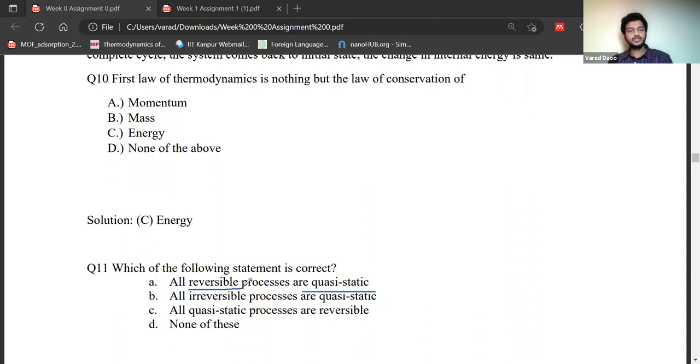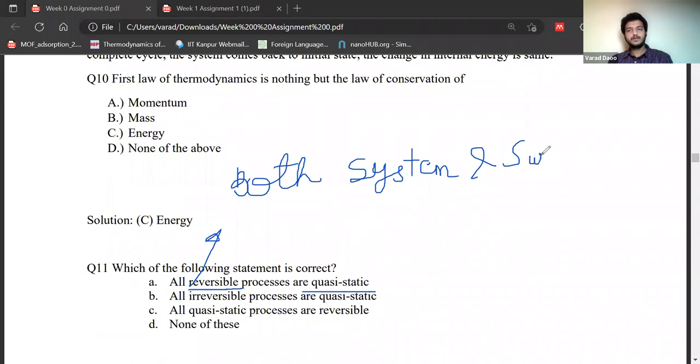So reversible processes are infinitely slow processes, right? In which both the system and the surroundings, this is very important, come back to the initial position.